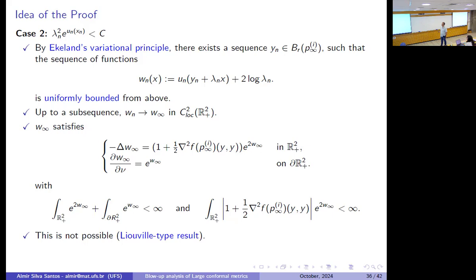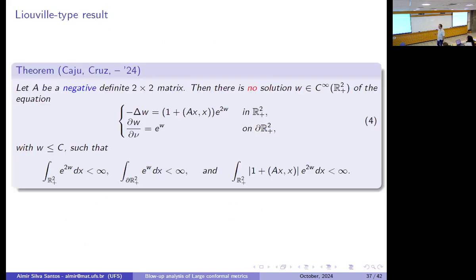There is no solution of this PDE with this condition, by a Liouville type result, of which we gave a proof. It's this one: if you have a matrix of order 2 negative definite, then there is no solution of this PDE satisfying this condition which is bounded from above on the half space.